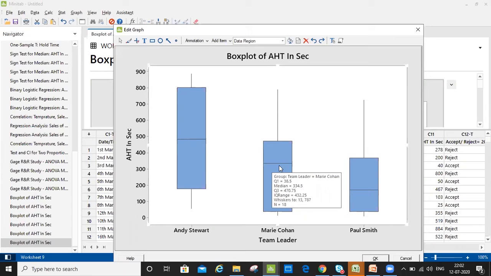So let's assume for a while that these AHT numbers were in crores, and this is not AHT, this is revenue generated by these three business managers. These are different managers. In a box plot, I'm not concerned about the performance, I'm concerned about the variance. Even though Andy is doing really well, I would like to understand whether there are any best practices he's following, because there is a lot of spread.